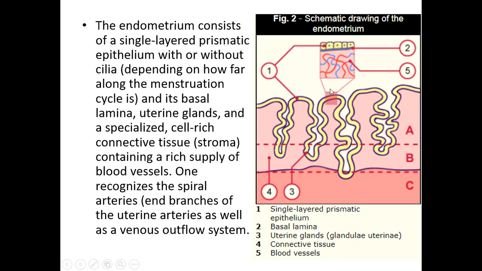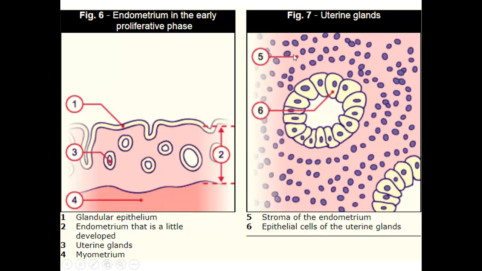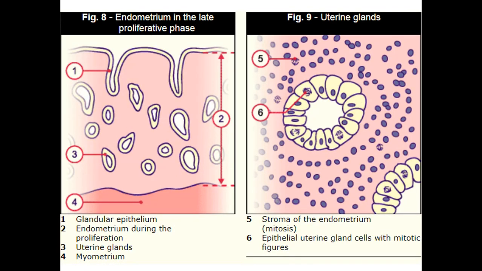So normally it is attached only to the stratum functionale. The function of this endometrium is the formation of uterine glands and supply with blood vessels. In the functional zone we have special spiral arteries, which will feed the embryo, and glands, which also give energy to the baby.